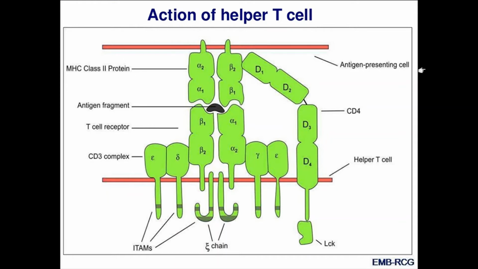Here the other is the T cell receptor having the alpha 1, alpha 2, beta 1 and beta 2 regions along with the gamma, delta, epsilon and zeta chains, and the co-receptor here is CD4, having the four domains D1, D2, D3 and D4, and the phosphorylation process is going on, and this helps in the action of the MHC class II proteins.